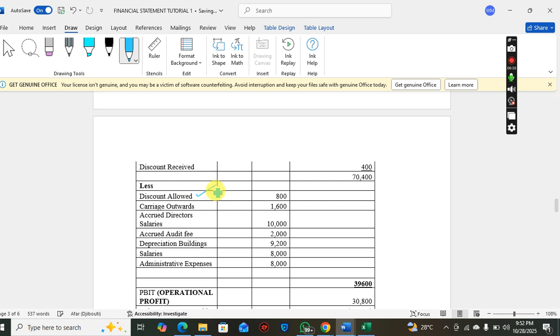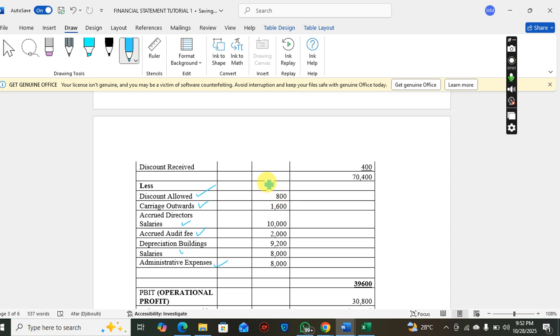We have discount allowed, carriage outwards, accrued director salaries, accrued audit fee, depreciation, salaries, and administrative expenses.